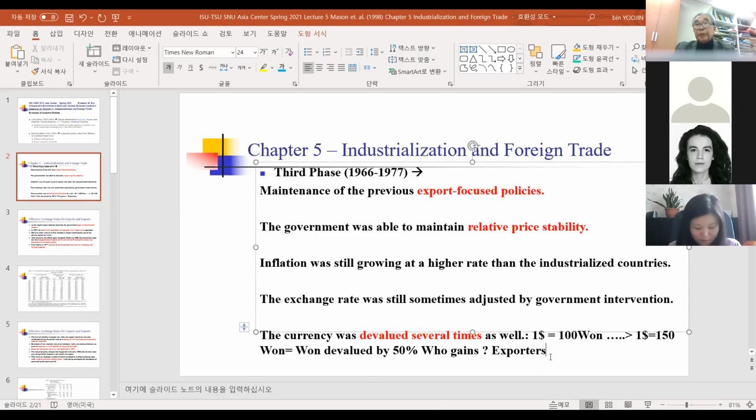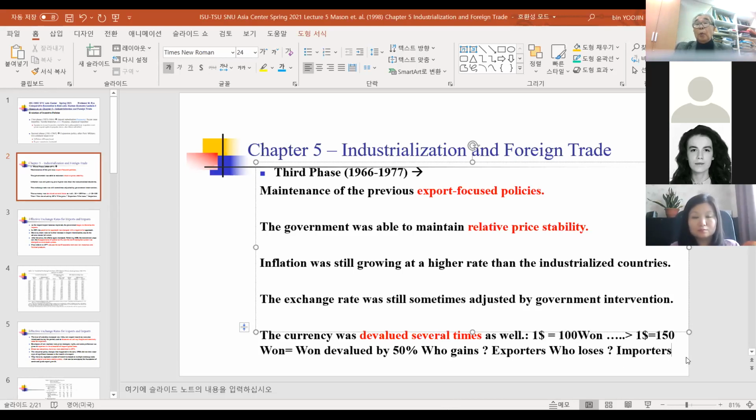How about importers? Who loses? Importers. Why? Well, to import, previously they needed to buy $1, and they had to put down 101 previously.